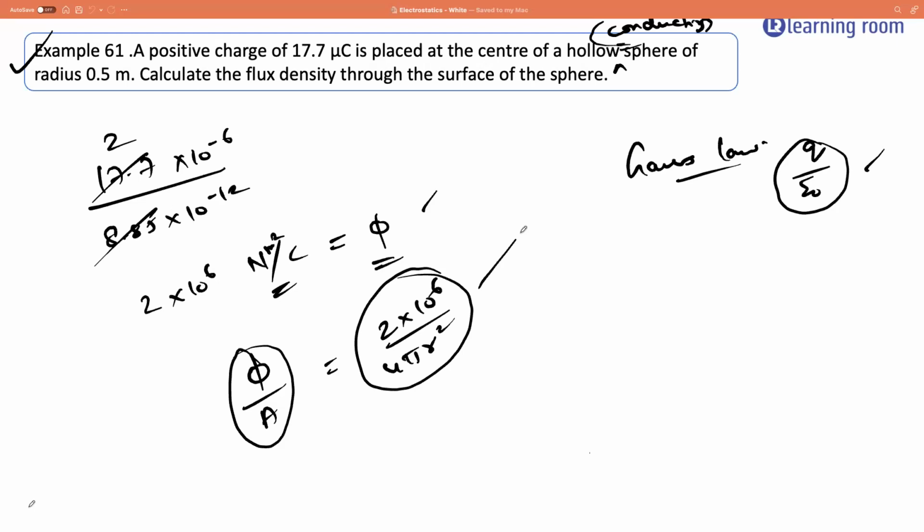Sir, I have another doubt. Since flux is electric field dot area vector, when we divide it by area, won't we get electric field again? You will, but you forgot the cos theta, no? Oh, yes, sir.